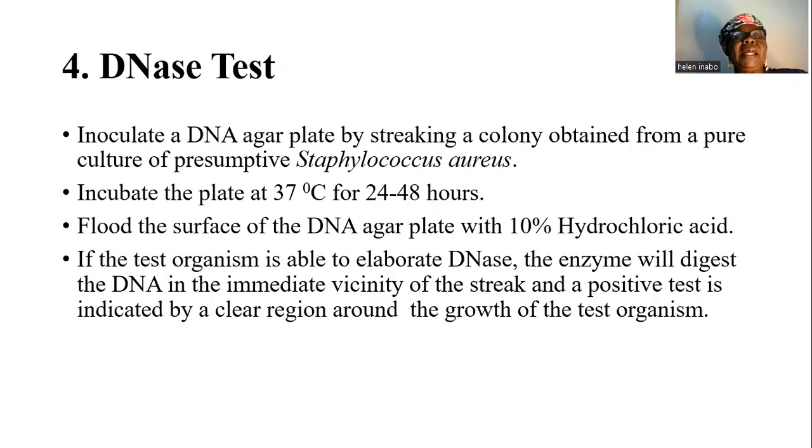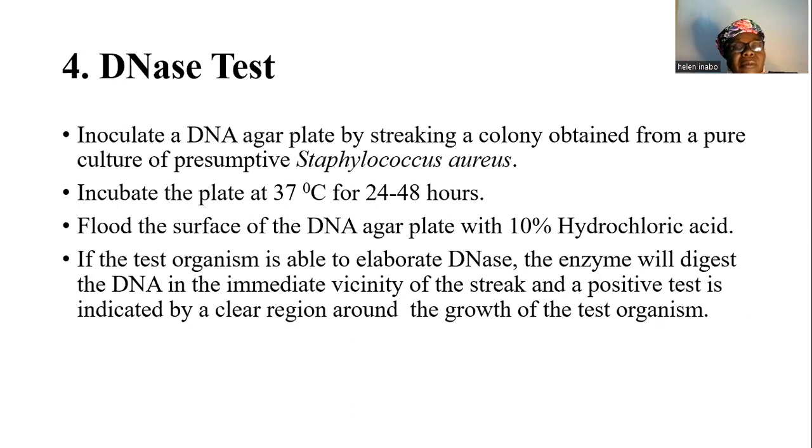The fourth biochemical test which can be used to identify Staphylococcus aureus is the DNase test. Here, the procedure simply involves the inoculation of DNase agar plates by streaking a colony obtained from the culture of presumptive Staphylococcus aureus. The plate should be incubated at 37 degrees Celsius for 24 to 48 hours.